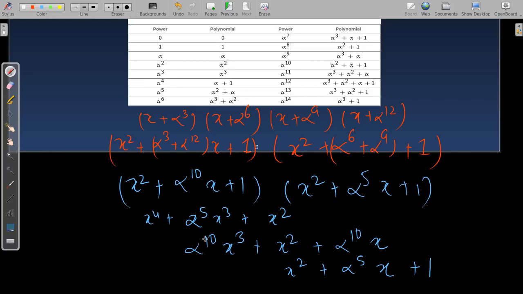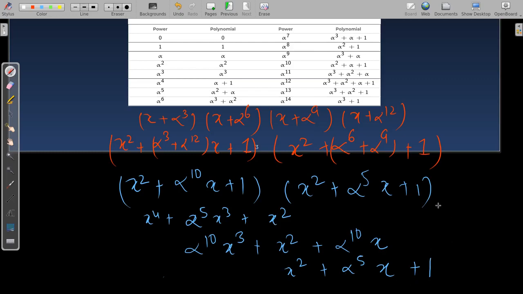Now you see alpha 5 plus alpha 10 is actually equal to 1. Alpha 5 is equal to alpha square plus alpha, and alpha 10 is alpha square plus alpha plus 1. If you add them together, alpha square plus alpha is going to cancel and you will remain with 1. So this will result in 1. This is again 3 times adding x square will result in 1. Alpha 10, it's going to be 1.